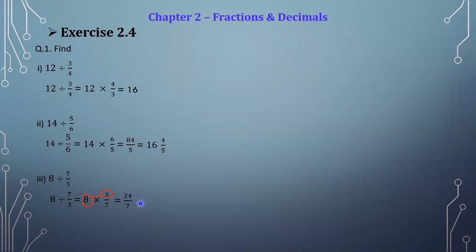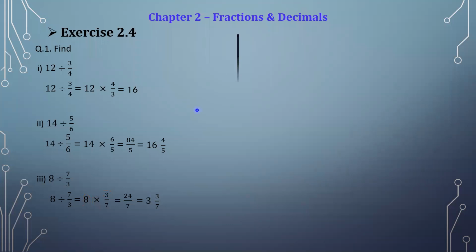You are going to get the mixed fraction. So here the mixed fraction will be like this: 3 3 upon 7. 7 3s are 21. So 24 minus 21, remainder is 3, quotient is 3, and divisor is 7. So we are writing it 3 3 upon 7. So this is the third example.